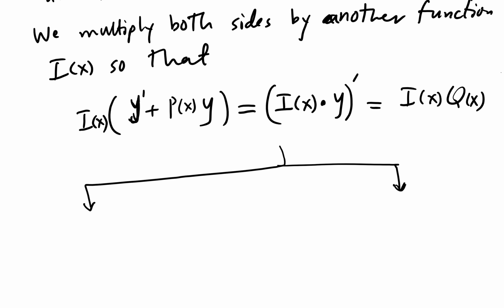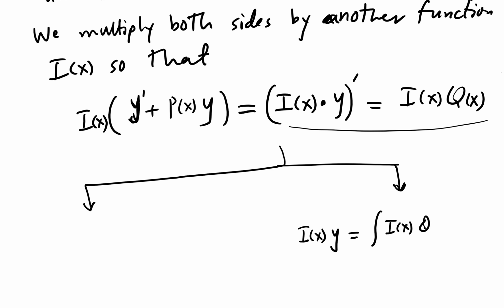The first thing is, I can integrate both sides. So the integral will drop the derivative. So you get I of x times y equals the integral of I of x, q of x, dx plus c, because you already integrated the left-hand side, right?